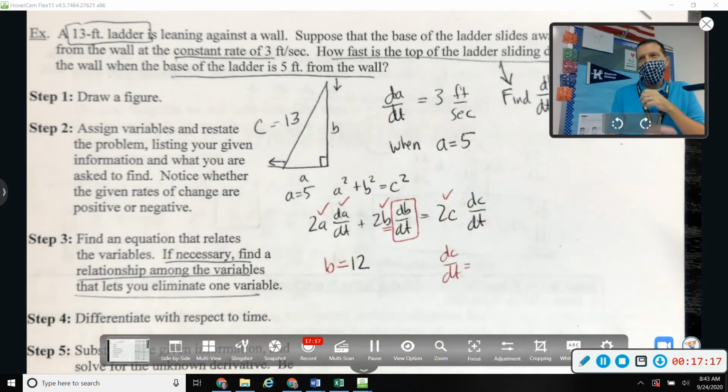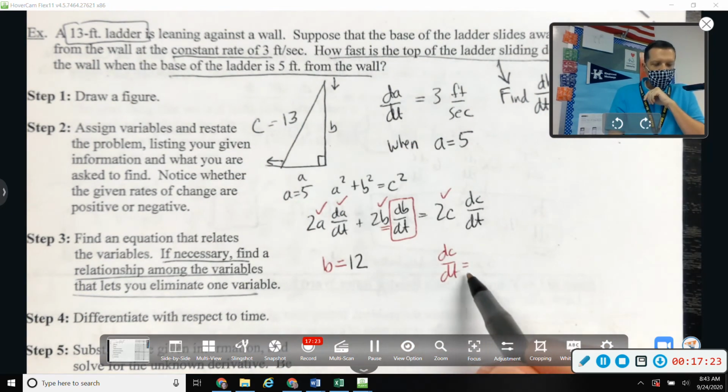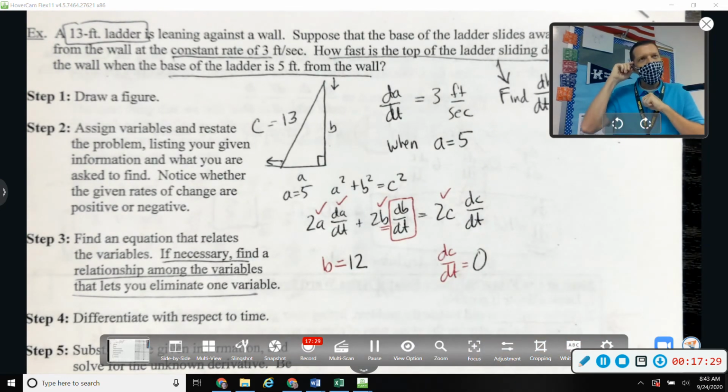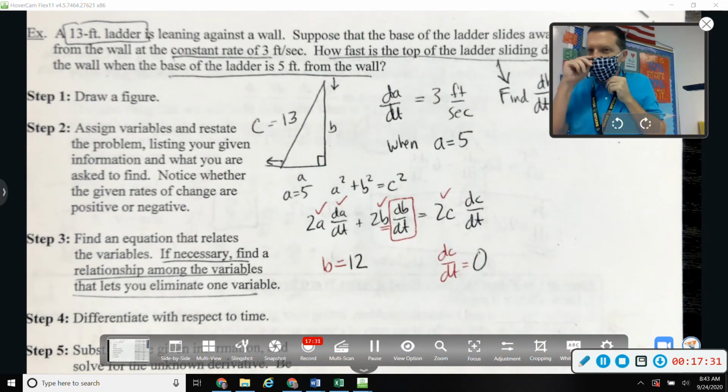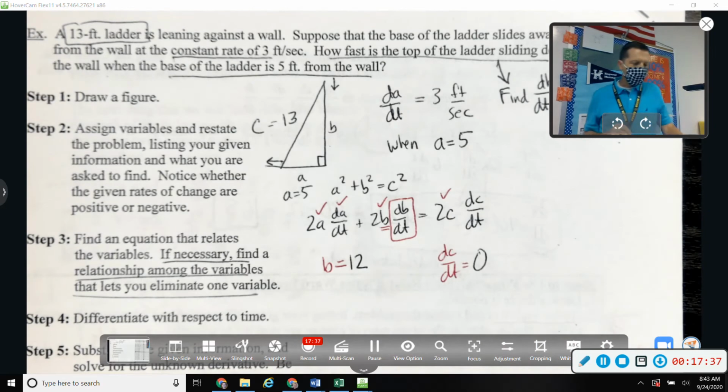I guess you could have one of those collapsible ladder deals, but that's not this problem. That ladder is 13 feet long. So if it's not changing, what's dC/dt equal to? 0. Because that's not changing. The change in the length of the ladder is 0, which is great for our problem because that's going to wipe out that side of the equation.